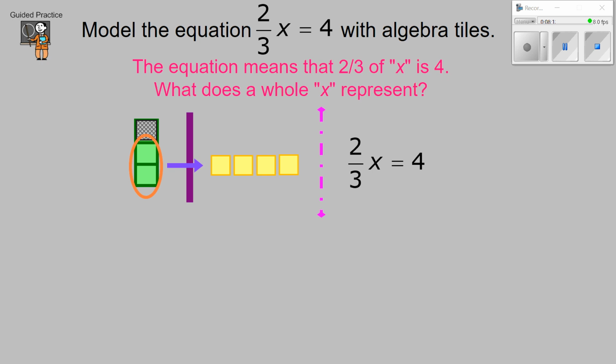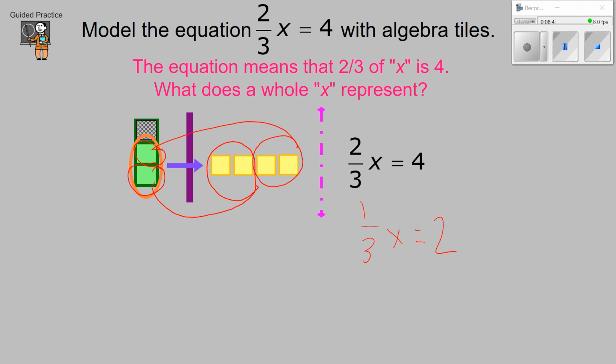So we have to evenly distribute the tiles between the 2/3 that we have. Then each 1/3 of x equals 2. So basically what that means is that I could take this 1/3 and give it to these two. And this 1/3 can give to these two. Okay? So 2/3 of x equals 4, but 1/3 of x equals 2.